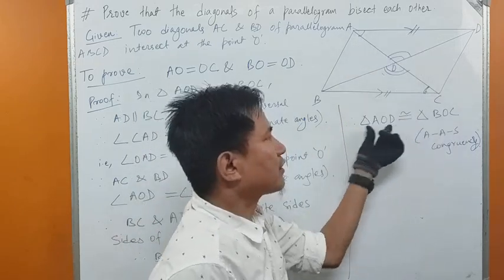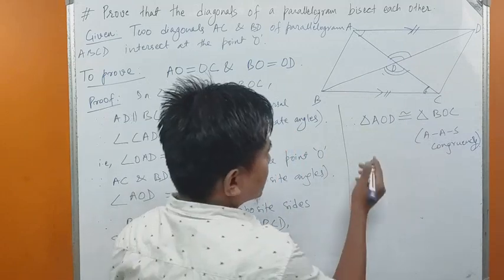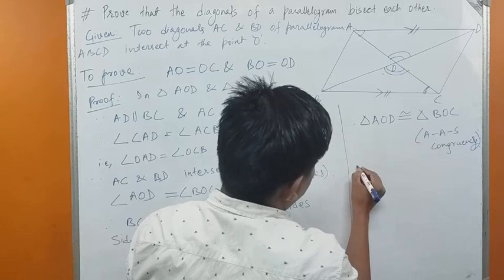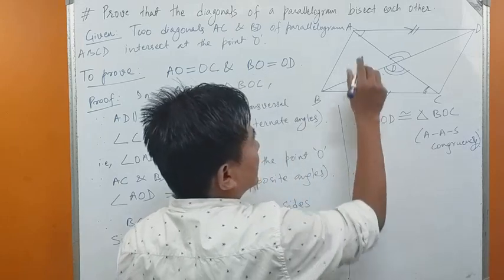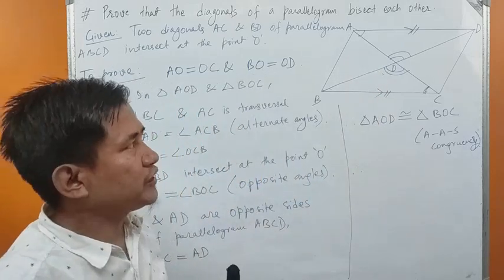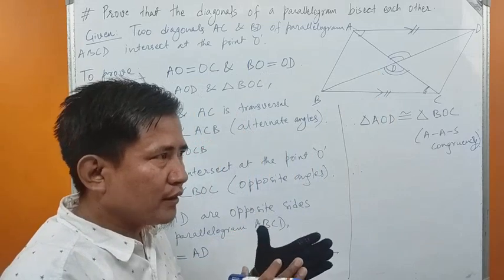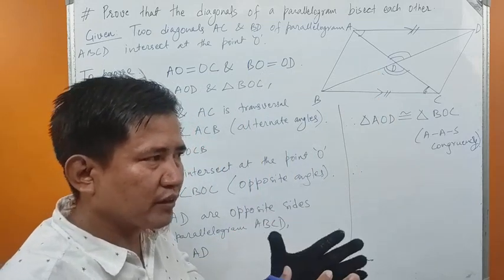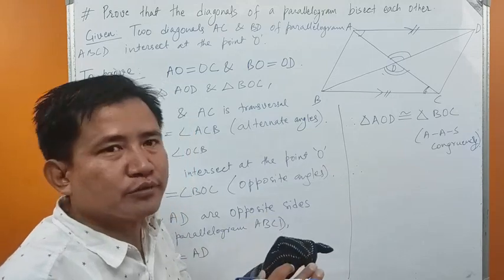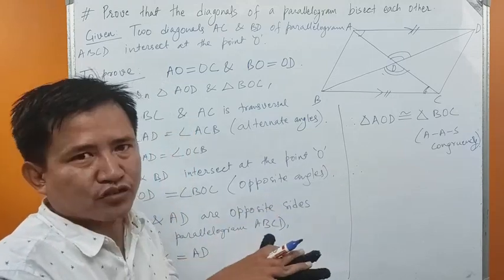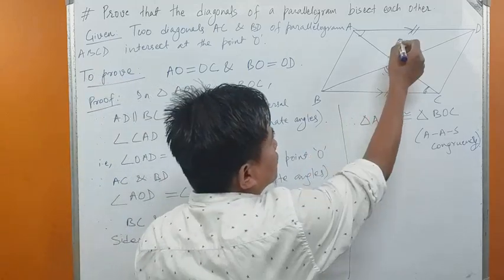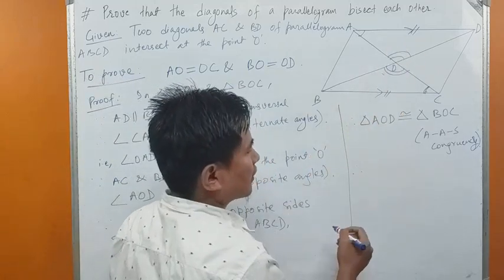So these two triangles are congruent to each other, which means, if two triangles are congruent, one triangle when placed over the other will exactly match, isn't it? Overlapped. So you can say each side of these triangles is equal to the corresponding side.